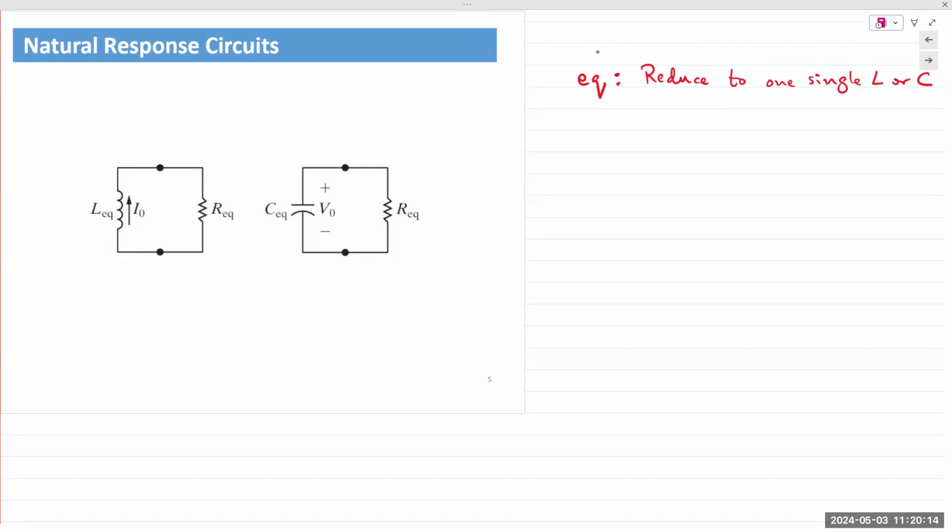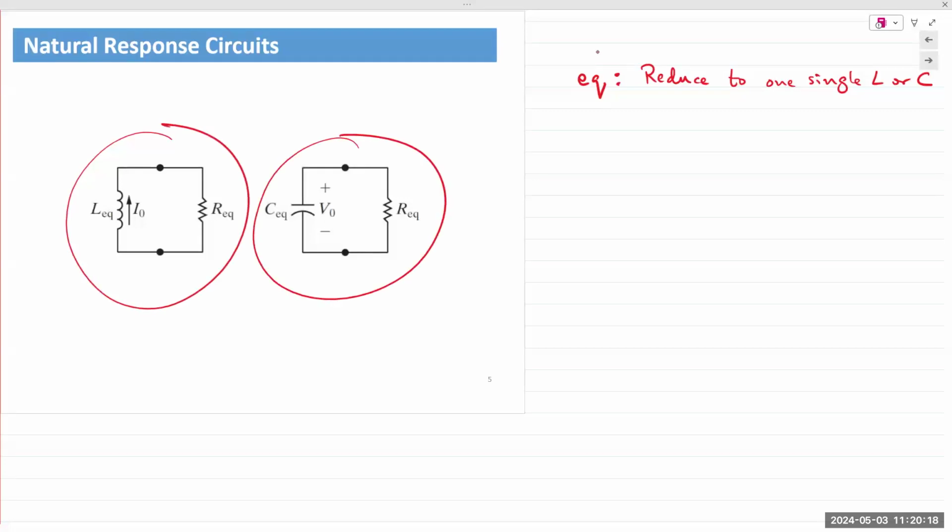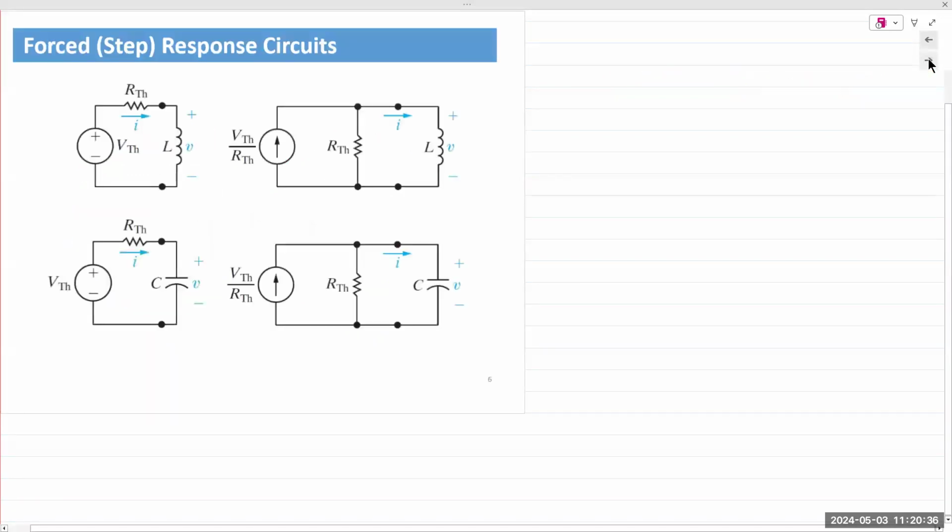So in this case, we have a simple inductor and a simple capacitor connected to a resistor. It is a first order RL circuit, or a first order RC circuit. Physically, you could have more than one, but electrically speaking, it is just a first order circuit. Similarly, if we connect a source, it is still a first order RL or first order RC circuit that is being charged.